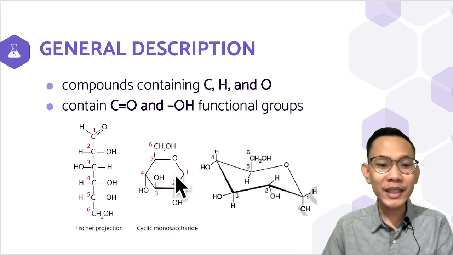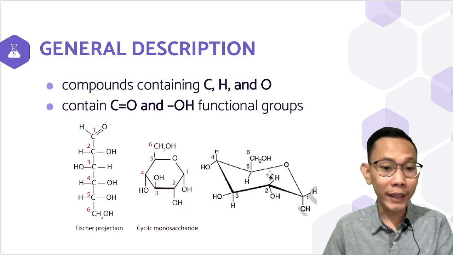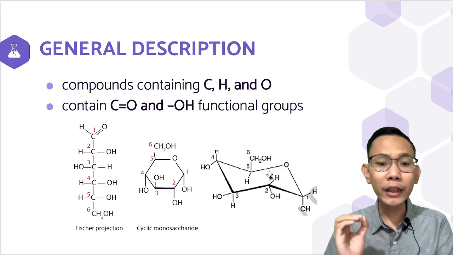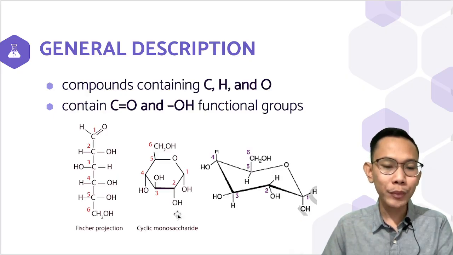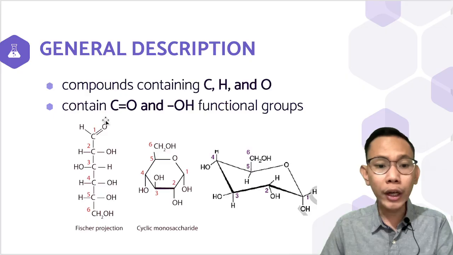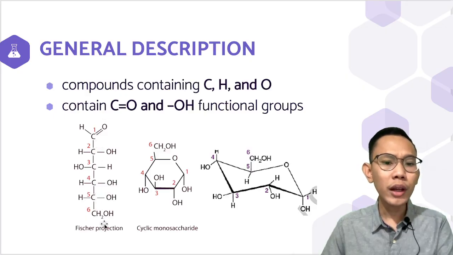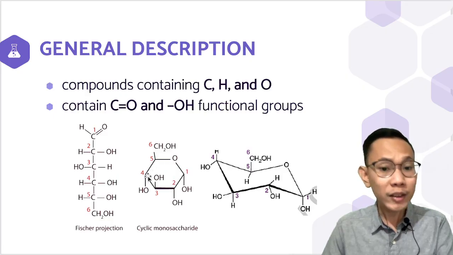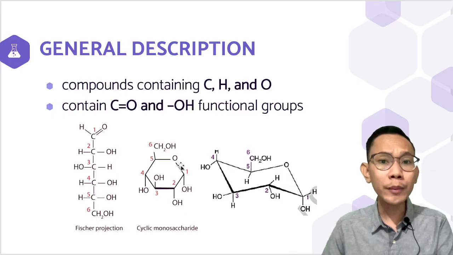So we have these different structures of your carbohydrates, or these are now the different projections to show the different forms of your carbohydrate. This diagram is your Fisher projection, as it will just show a linear structure. Pag linear structure, that is basically a Fisher projection. This type, cyclic monosaccharide, basta it shows a cyclic structure, that is now your, ano nga tawag dito?